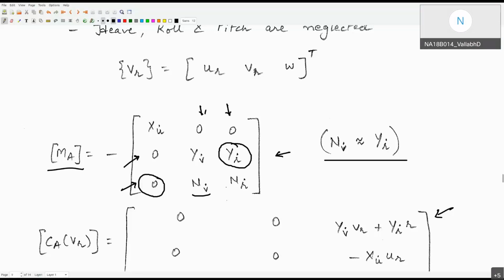But you are right, X R dot need not be zero, although you can kind of argue that N U dot would be zero, right? Because if I suddenly increase the speed of the ship, that will not cause anything. I don't expect to see a moment come about. So you can already kind of get the feel for the idea when I said that the added mass matrix need not be exactly symmetric, but you will find that for most purposes it is approximately symmetric.